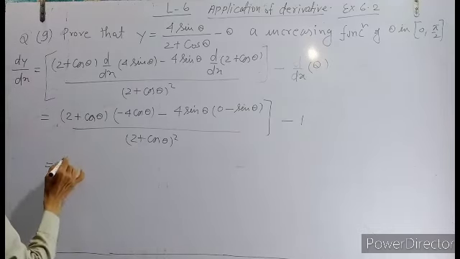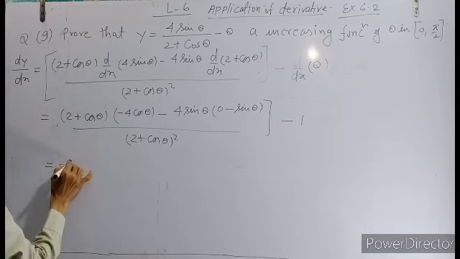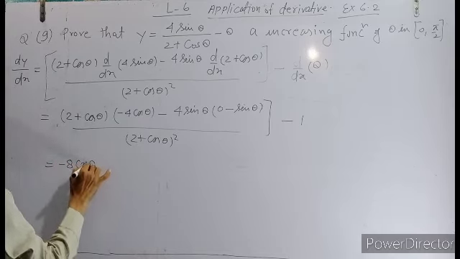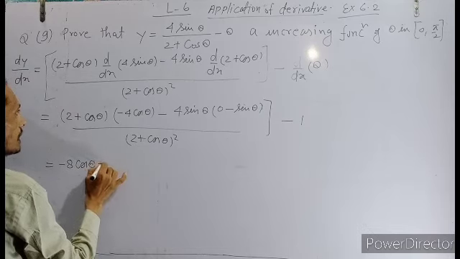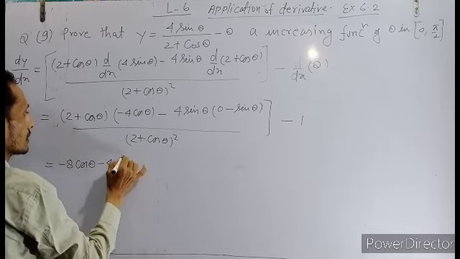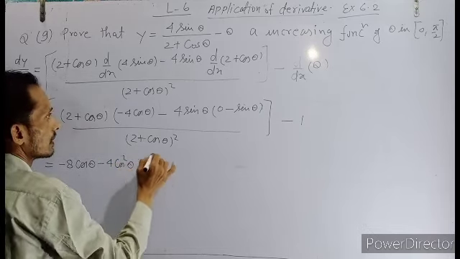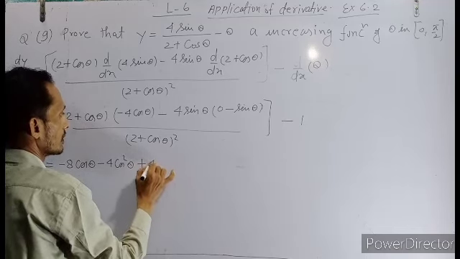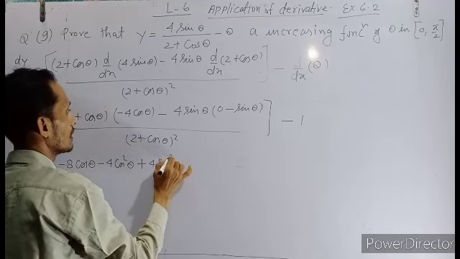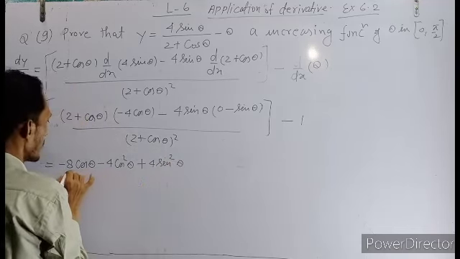Yeah, multiply, simplify it. Minus 8 cos theta minus 4 cos square theta plus 4 sin square theta.